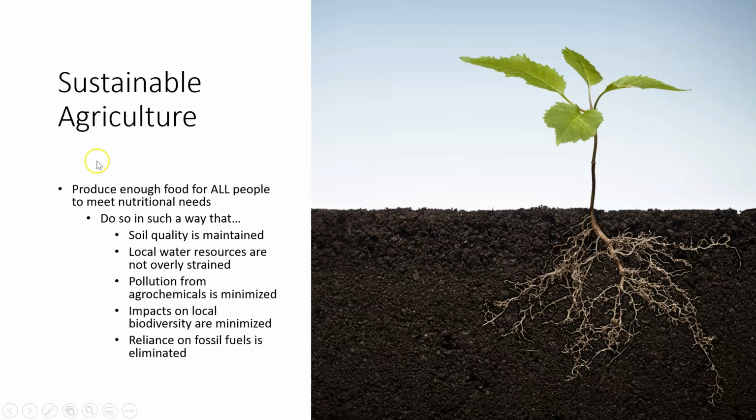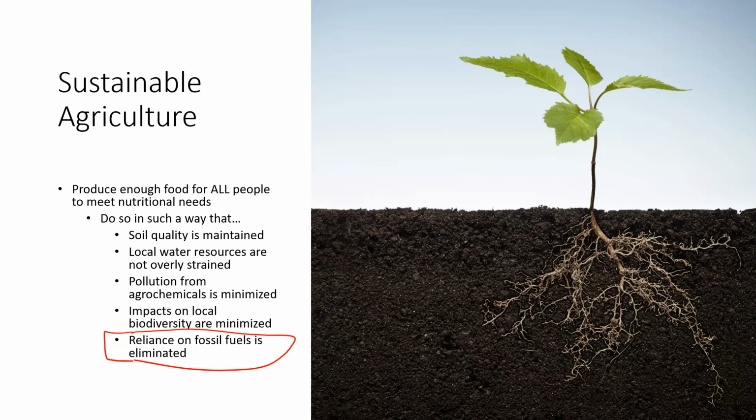A big issue, and this is something that we'll tackle in the next unit, is finding some way to not rely so heavily on fossil fuel energy inputs to make it all work. In our typical industrialized farm, we have diesel-powered machinery to plow and to cultivate.